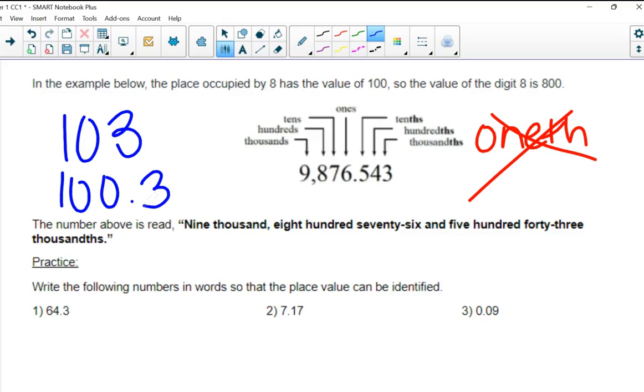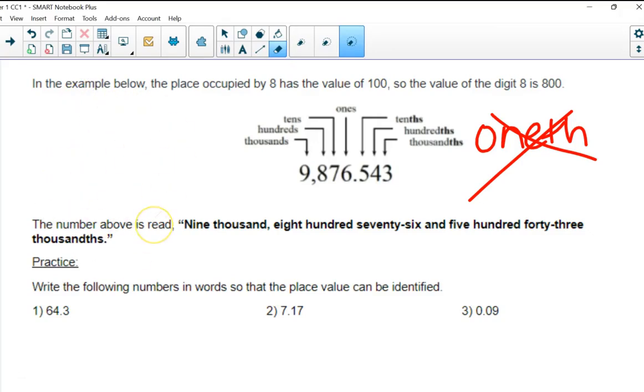So just be aware that when you say and in math, that is where your decimal point is. It sounds a little weird to say 100 and 3, it doesn't really sound very proper, but that's actually how you say it.